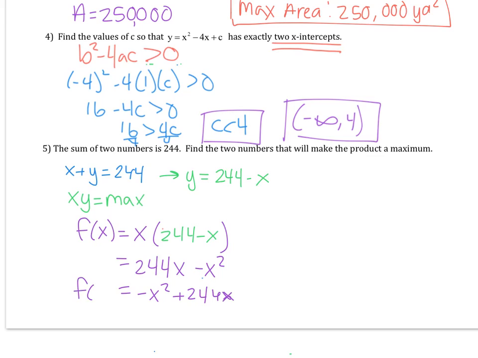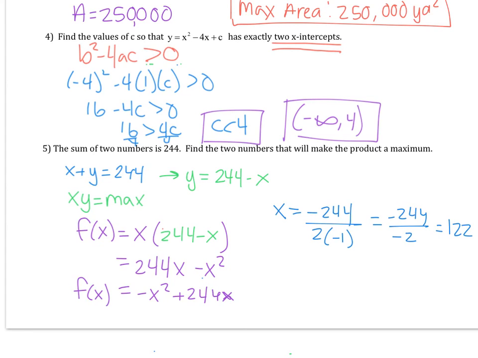So my function that I want to make a maximum is negative x squared plus 244x. This is a parabola, like I said, that opens down, so now I'm able to find the vertex, because that's where max and mins happen. So negative 244 over 2 times negative 1 tells me that x happens at 122.